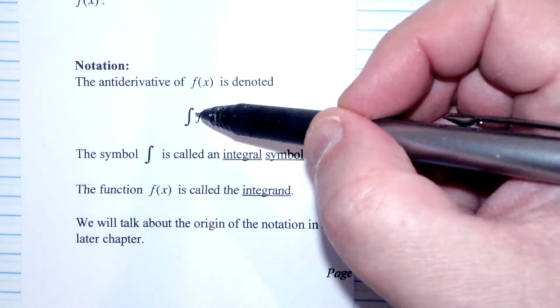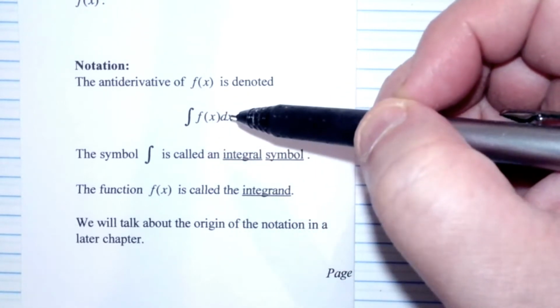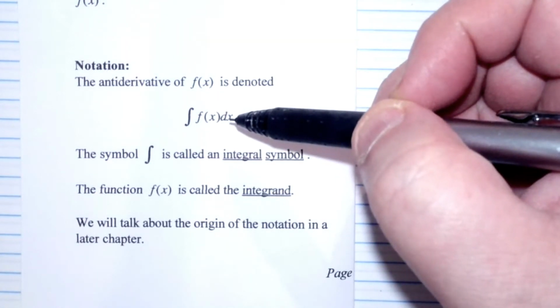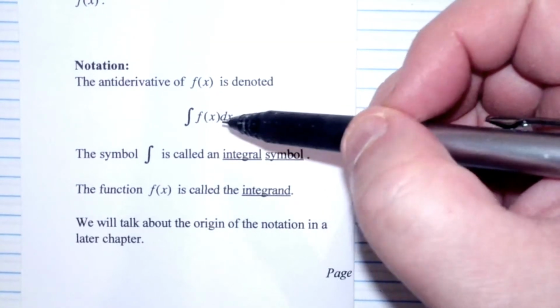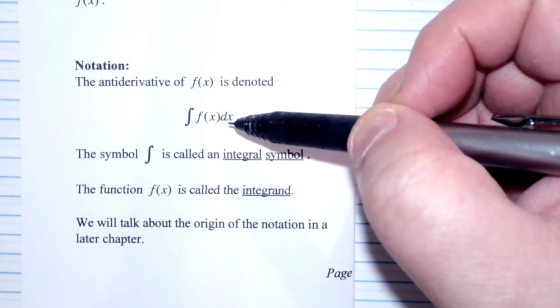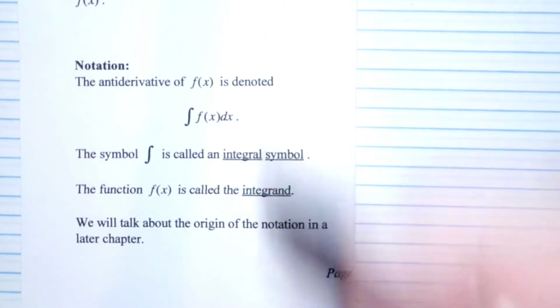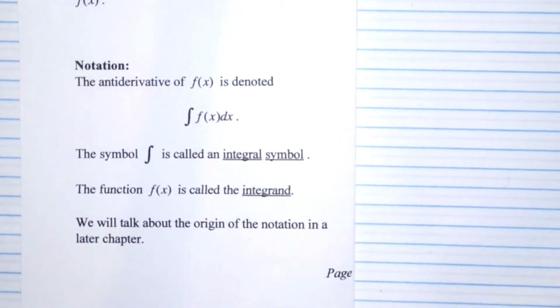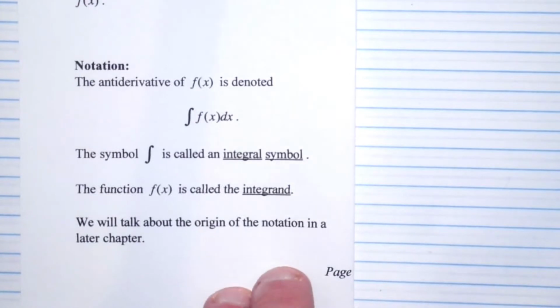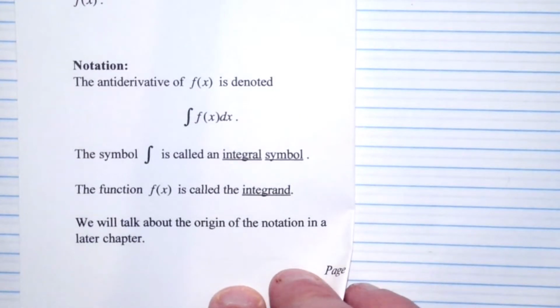It's this integral symbol along with the dx that is the integration notation. The dx is just telling you that you're integrating with respect to x, that you're supposed to treat x as the variable. And we will talk about the origin of this notation in a later section.